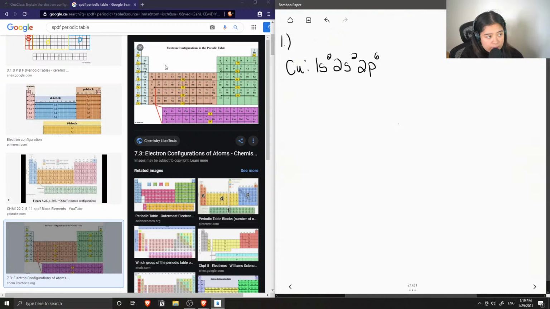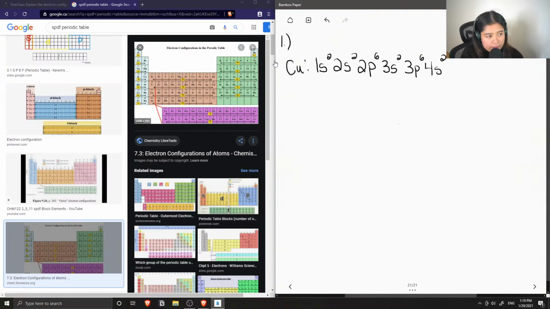And then to the next row, we write 3s2. And then moving over, we write 3p6. And then we move over to the next row, which is 4s, and then 2.